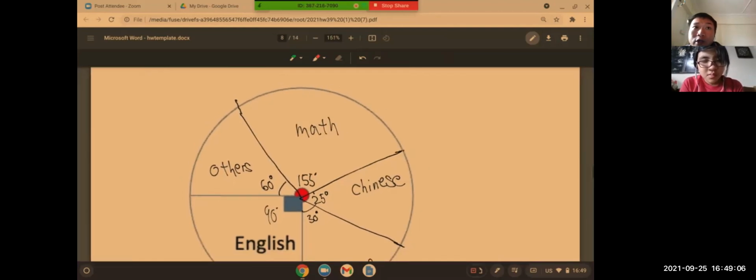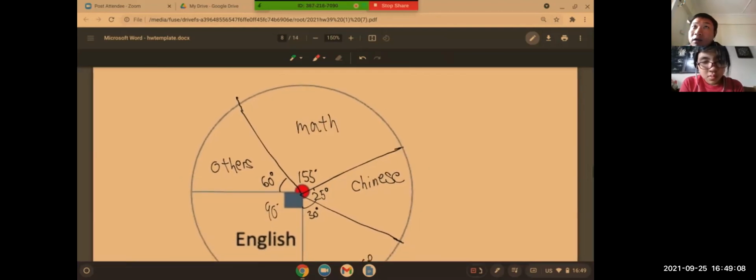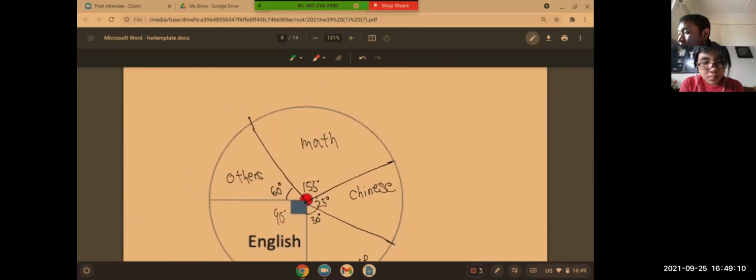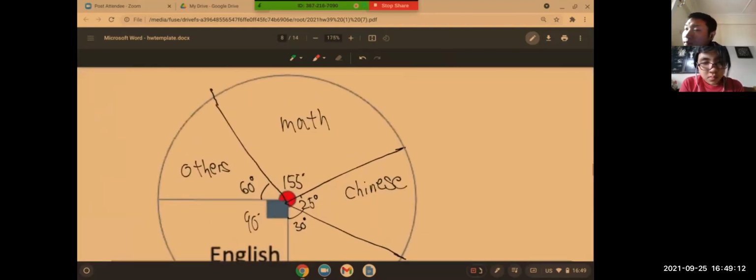You are supposed to measure, by the way. But don't keep moving while you are measuring. No need to be 100%, but close enough. 155? Oh, it really is 155.